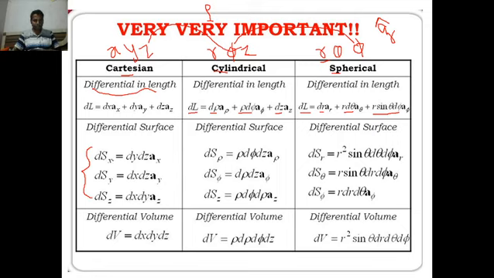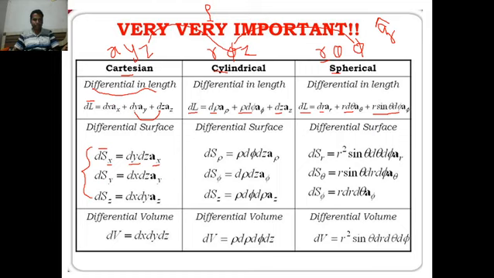How will you find the differential surface? Differential length is a vector, that's why it is many times written with a bar. So the differential surface in the x direction, how will you find it? Multiply the remaining two and attach ax cap here. How will you find ds y bar?